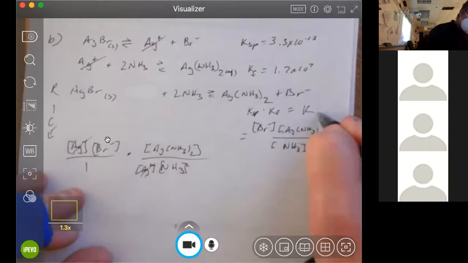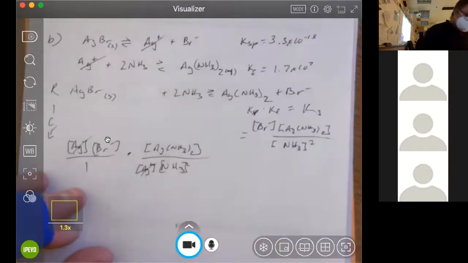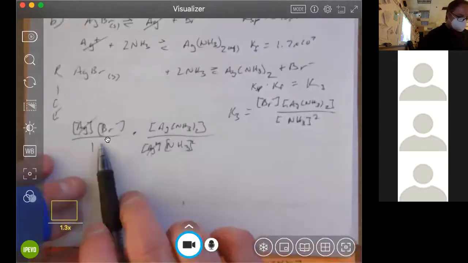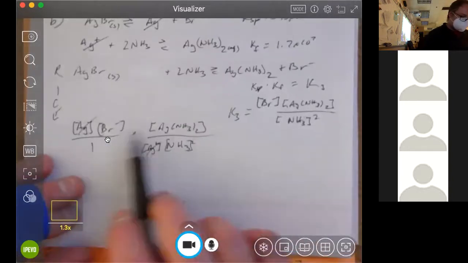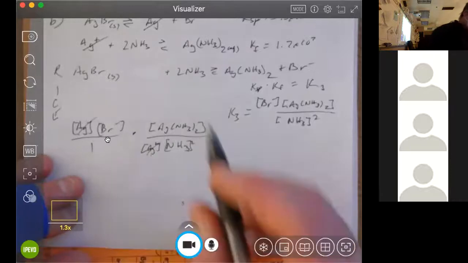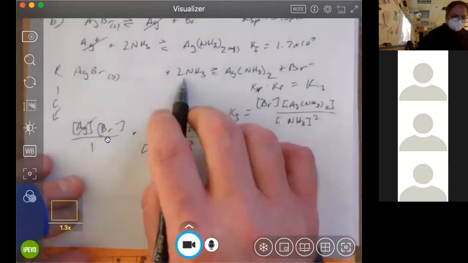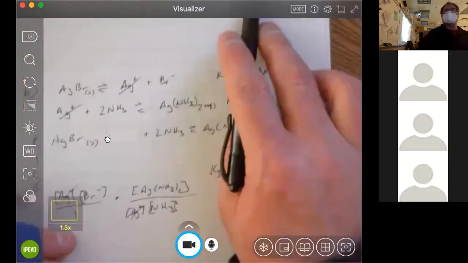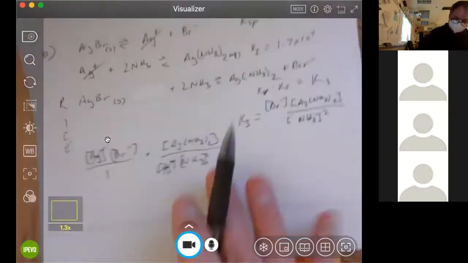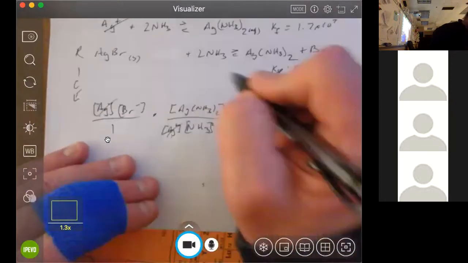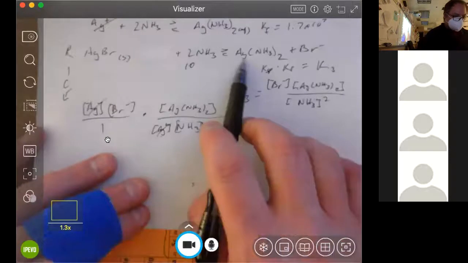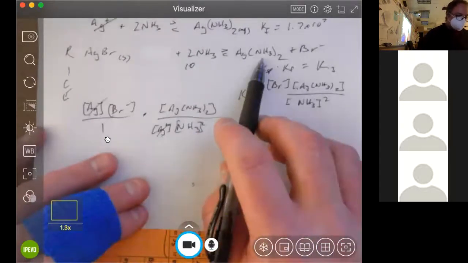We'll call it K3. So how much of this NH3 do we start with? Well, we are starting with a huge chunk of that at 10 moles per liter. How much of the Ag(NH3)2 do we have at the beginning?